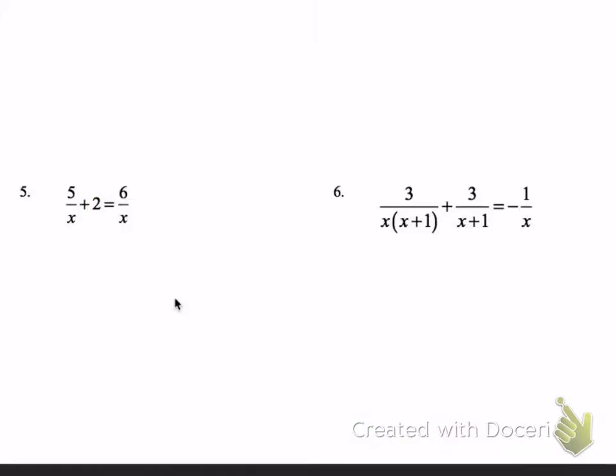Okay, let's look at number 5. Now we have denominators. So we can't cross multiply these because we have this plus 2 going on right here. And so I want to get rid of these denominators. How do I want to get rid of the denominators? And to get rid of them, I'm going to multiply the numerators by the least common denominator.